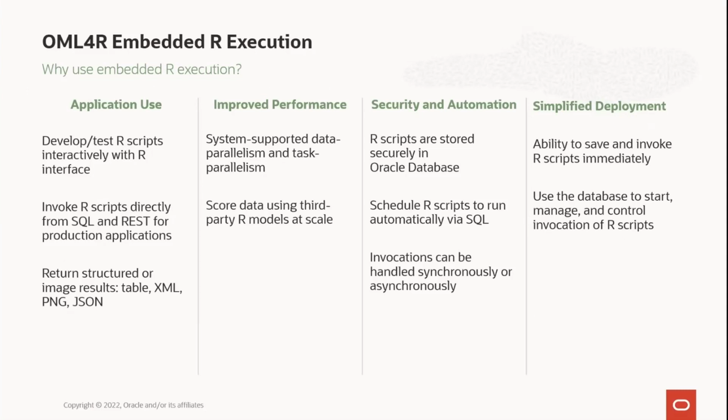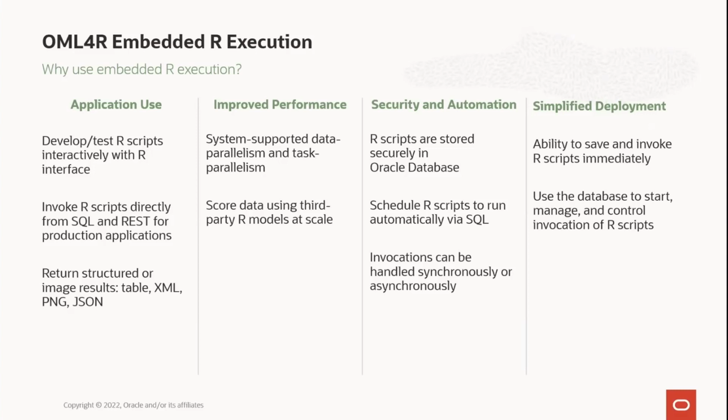It enhances OML4R functionality by enabling users to run third-party packages inside of R scripts in the database environment and can potentially improve performance when run in parallel. It facilitates the use of R scripts in applications where you develop your R scripts interactively inside the R interface and then invoke them from application-based SQL or REST interfaces.